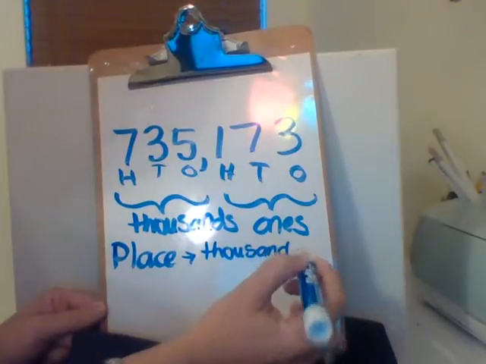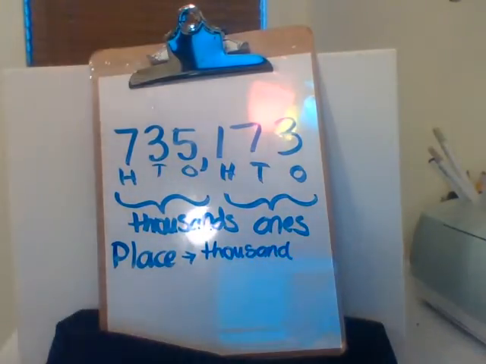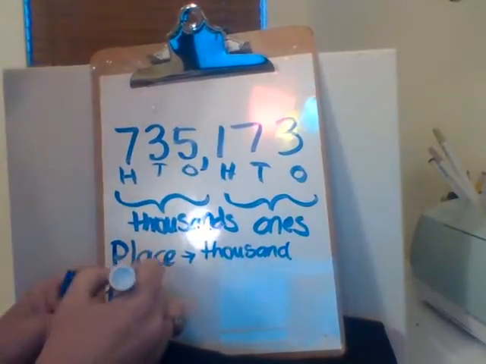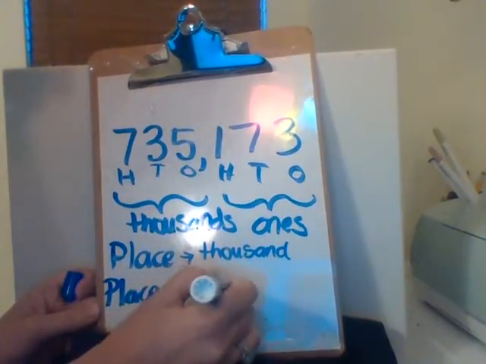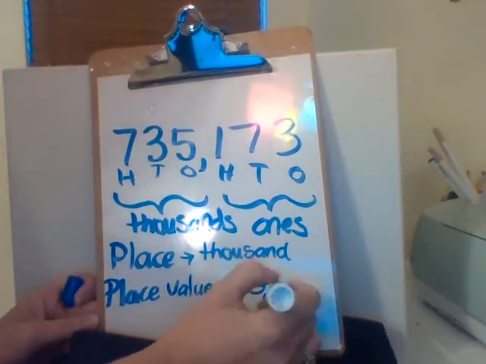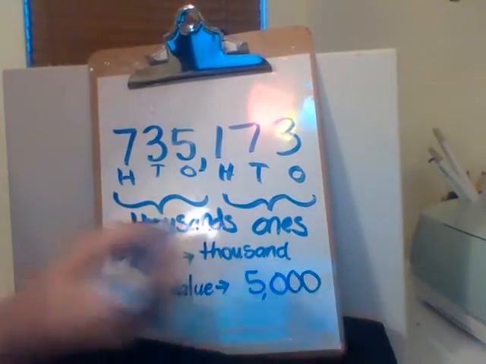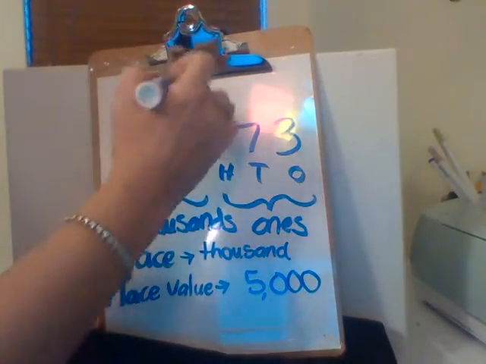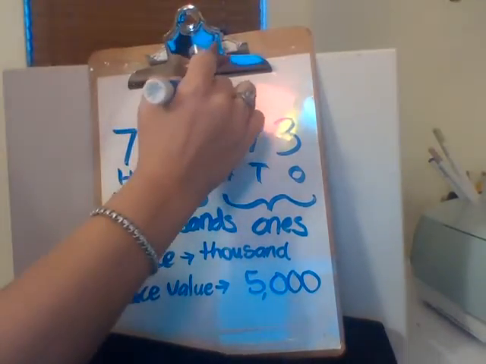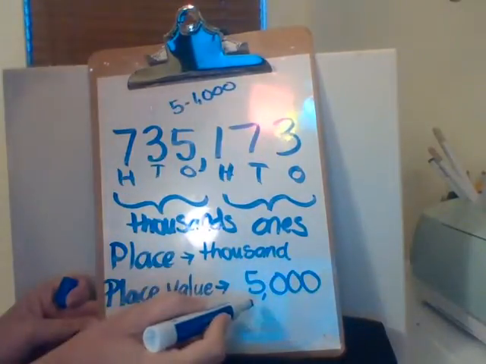The place value of the 5 is a number. So it's the worth of the number. Since the 5 is in the 1,000s place, 5 times 1,000 is 5,000.